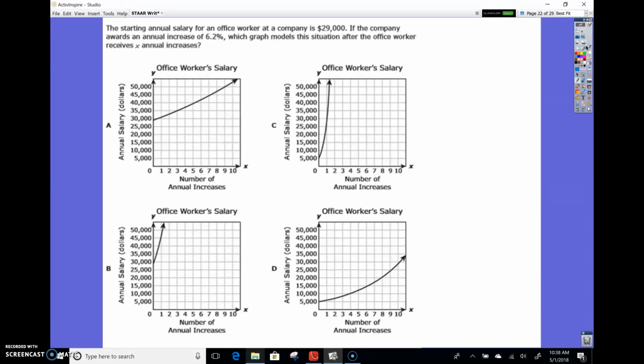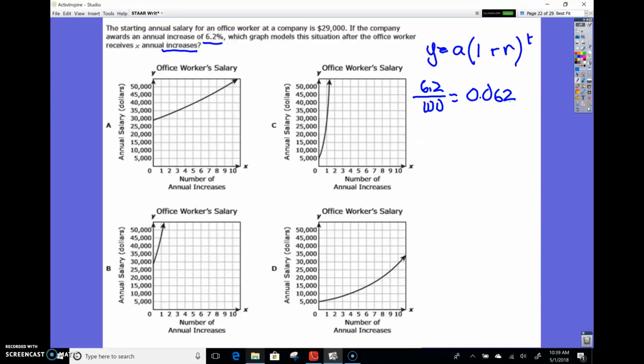Okay, this next problem, they give you a graph, right? So, in a percent. So I'm going to use y equals a times 1 plus r to the t. So 6.2 over 100 is equal to 0.062.